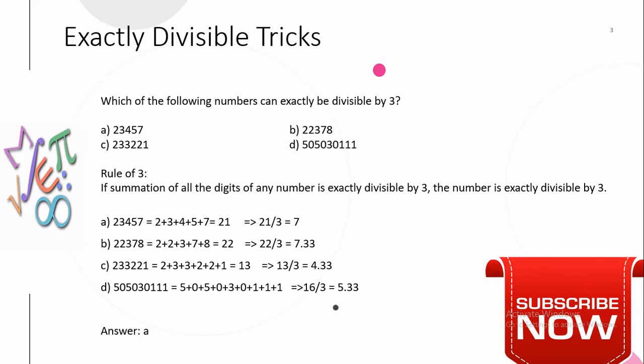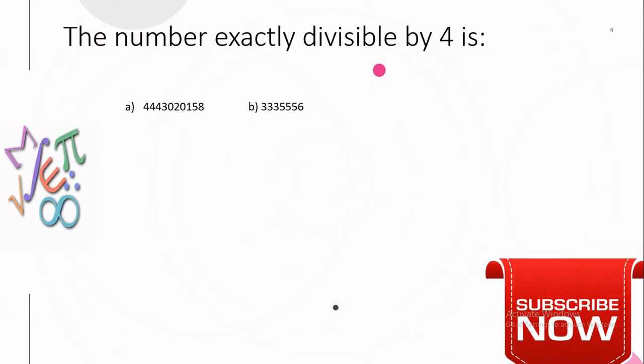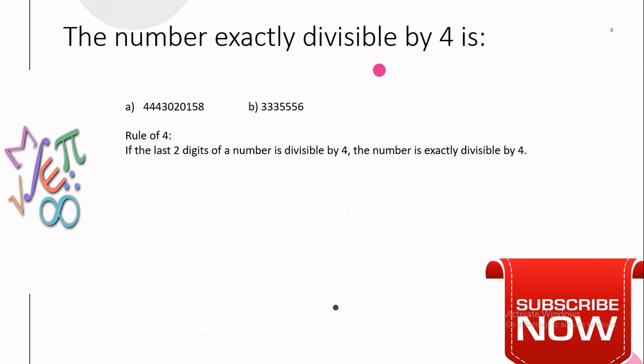The number exactly divisible by 4 is among options A and B. So let's know the rule of 4. If the last two digits of a number are divisible by 4, the number is exactly divisible by 4. In the previous math, we had to sum up all the digits and then divide by 3, but in the case of 4, we need to look at the last two digits of the number. In option A, the last two digits are 58.